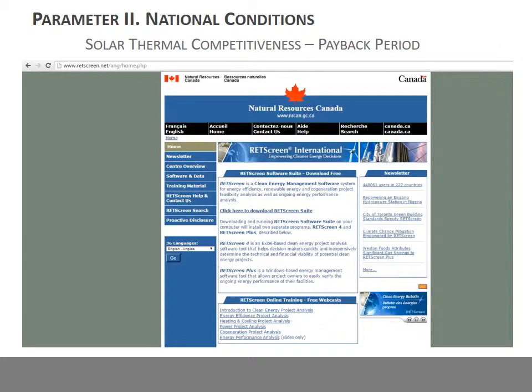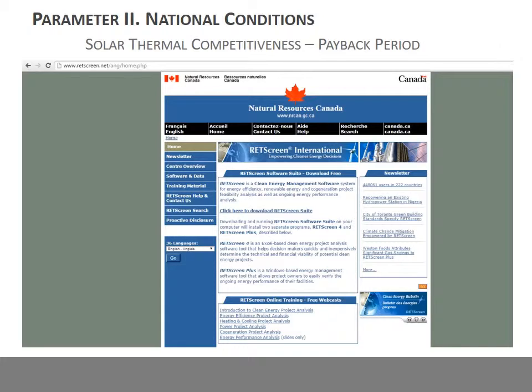As a starting point, analysts may assume that solar water heating competes against the retail price of the predominant heating fuel. Where data on the specific heating fuel is not available, using the retail price of the predominant energy fuel used at the residential level could be a useful proxy.